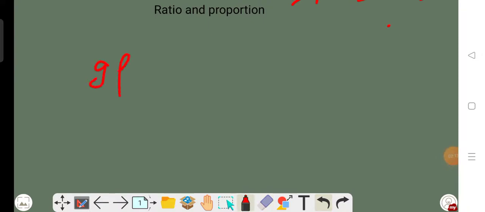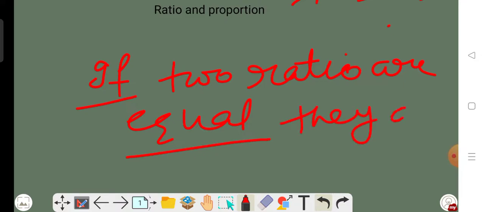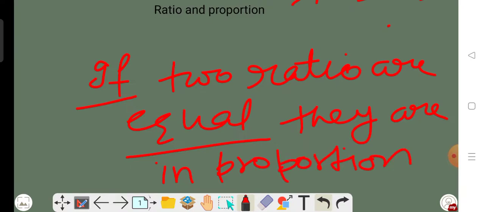If any two ratios are equal, then we can say they are in proportion. Let us take an example.